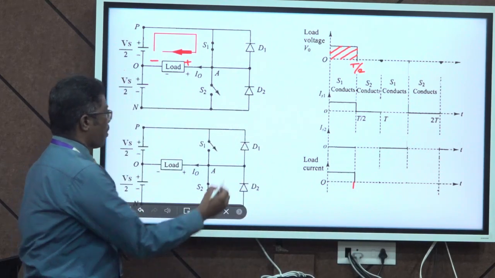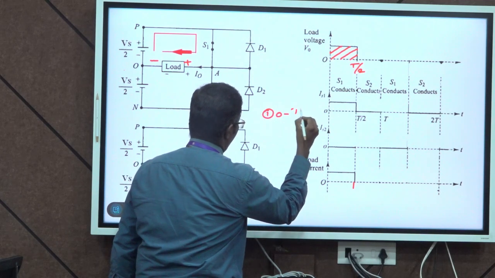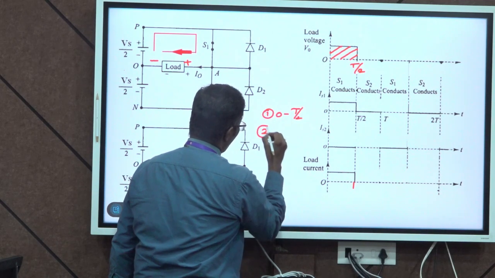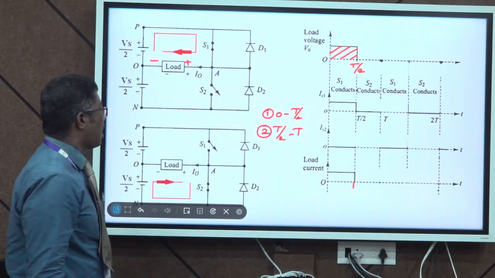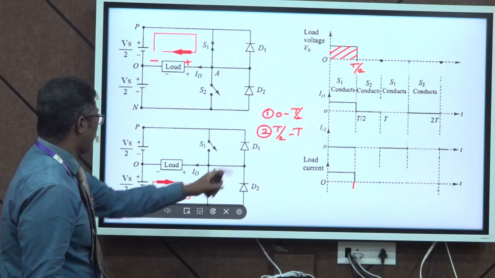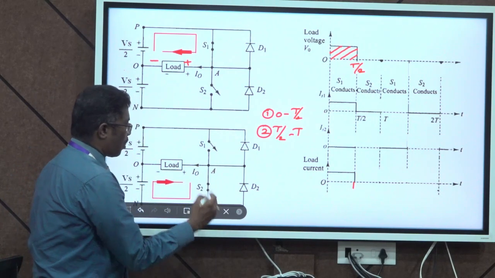The first time period is 0 to T by 2, and the second time period is T by 2 to T, which is the total time period. In this second instant, the switch S1 is turned off and the switch S2 is turned on.